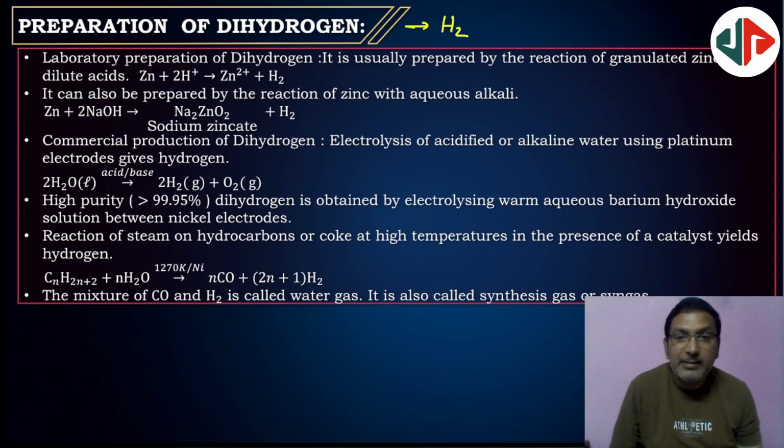So Zn reacts with dilute acids H plus to form H2 gas. So very important. Next, second method, it can also be prepared by action of zinc with alkalis. These two reactions are very important. So based on these two reactions, we can say zinc can react with dilute acids or alkalis.